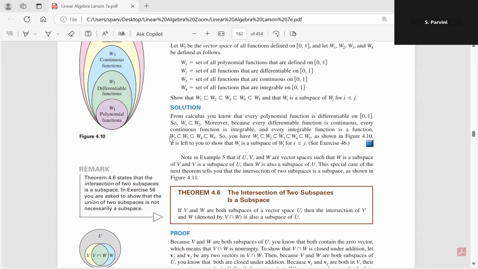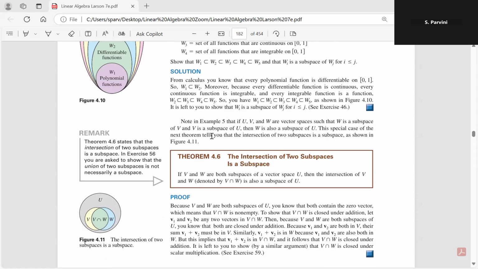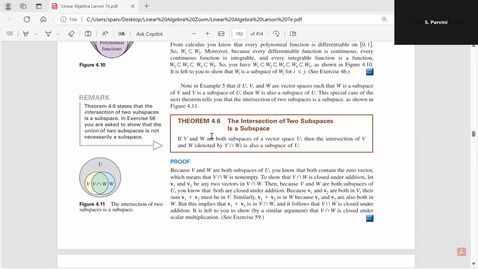We'll do our own in just a moment. Let's take a look at this next theorem. This theorem, 4.6, by the way, is going to be the last theorem. Then we'll be able to look at some examples. Theorem 4.6, simple theorem.